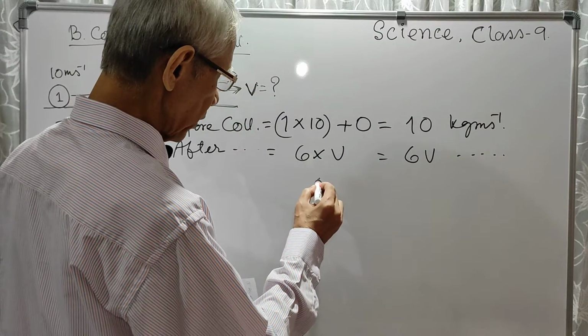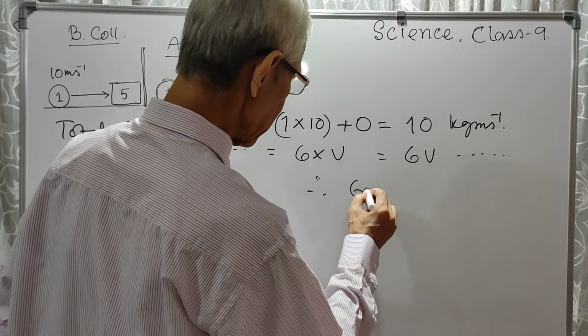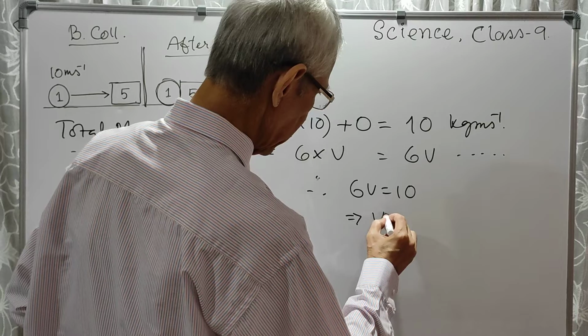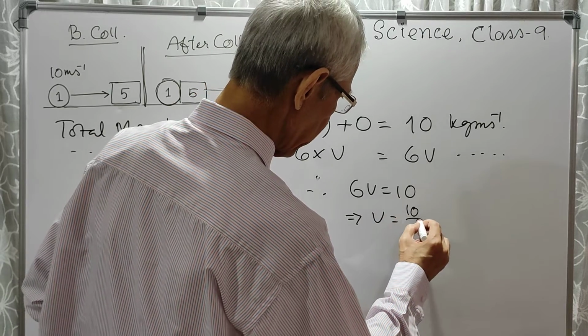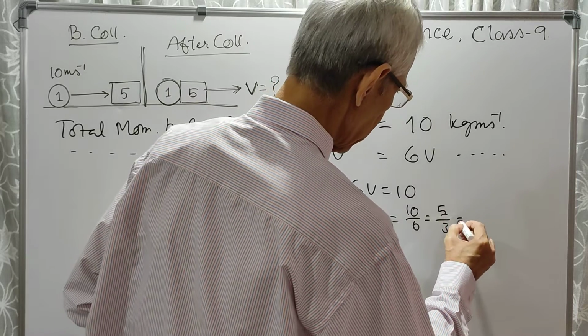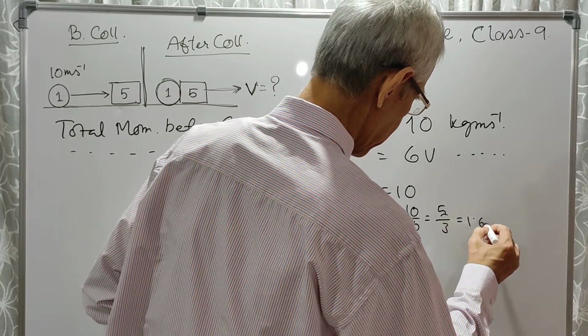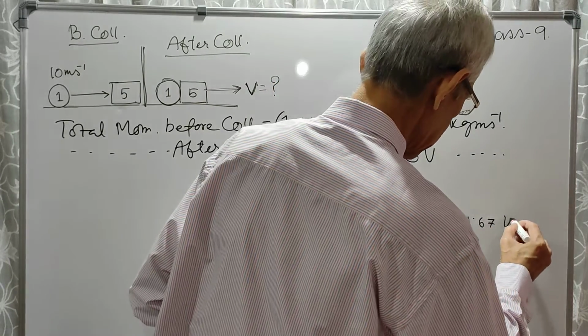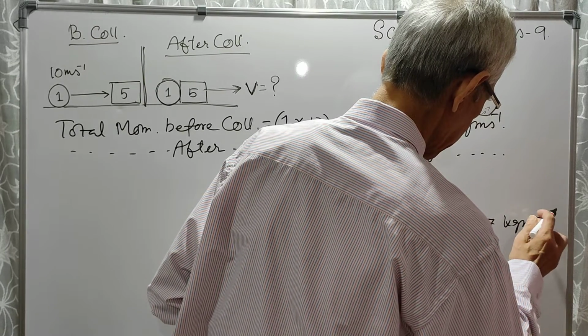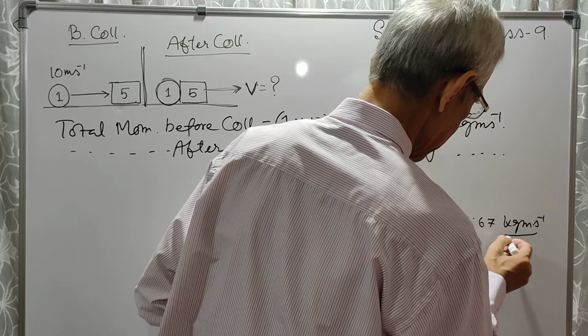So using that principle, 6v equals 10. So v equals 10 by 6, that means 5 by 3, equal to 1.67 meter per second. All right. So this is the answer.